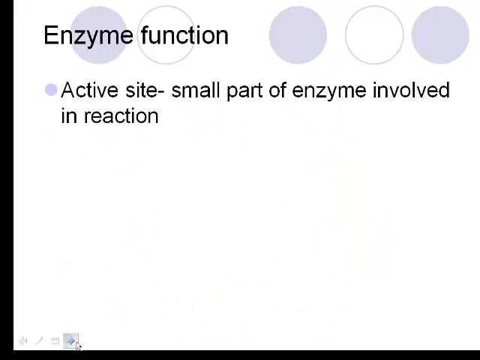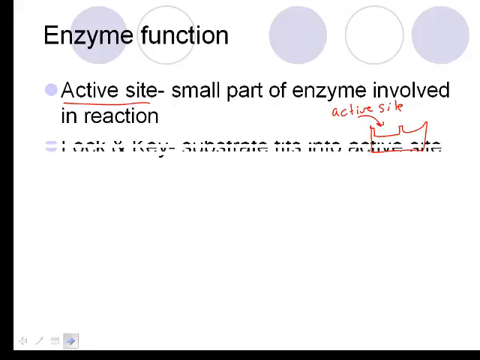Enzyme function. So the main thing an enzyme is going to be doing involves an active site, where we just saw this picture where we have these specific shapes. That is called the active site, which is where the chemical reactions are going to take place. They're very specific. The substrate fits into this active site in a type of lock and key.